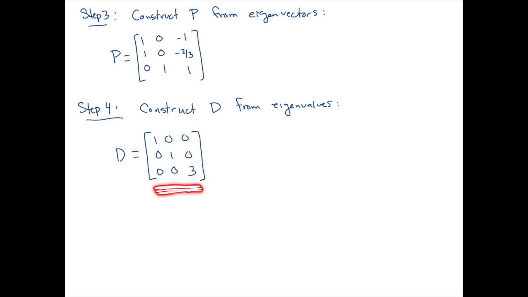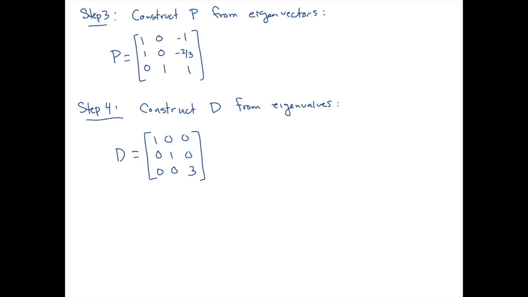And the answer to that is no, it doesn't matter the order. But whatever the order you choose for the eigenvalues here, you need to stick with that same order for the matrix P. Okay, so because we did 1, 1, and 3, we need to make sure that we do a 1 eigenvector first, a 1 eigenvector first, and then a 3 eigenvector. Okay, so you just need to make sure that whatever the order you did with P, that's the same as the order you did with D.